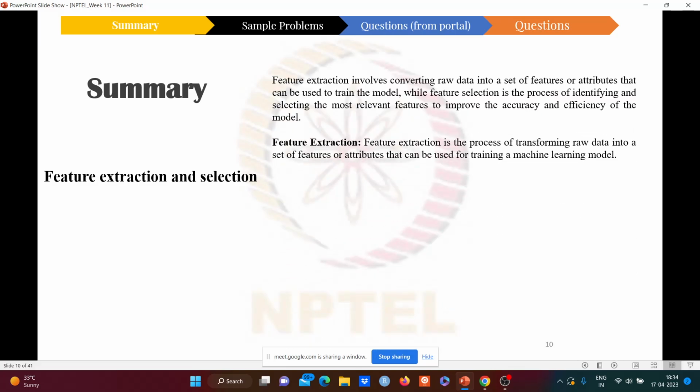Talking about feature extraction, it is the process of transforming raw data into a set of features or attributes that can be used for training a machine learning model. The goal of feature extraction is to represent the data in a way that captures the most important characteristics or patterns that are relevant for the task.